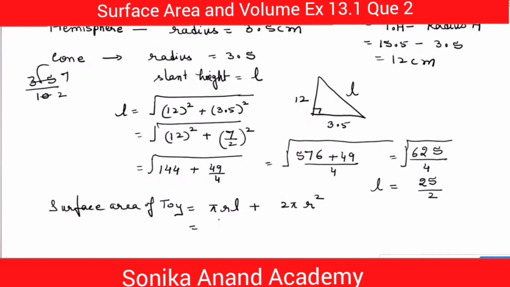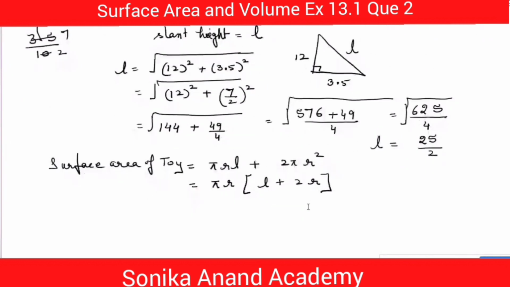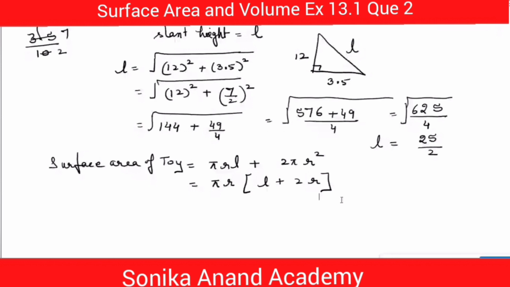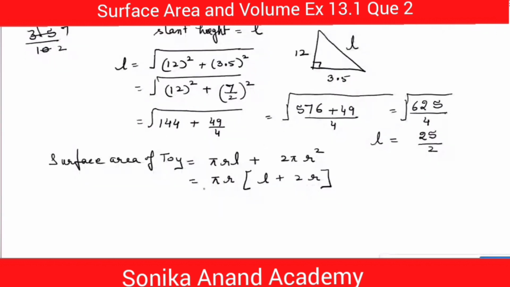I can do one more thing. We take the common pi r. It becomes l plus 2r. It makes our calculations easier.